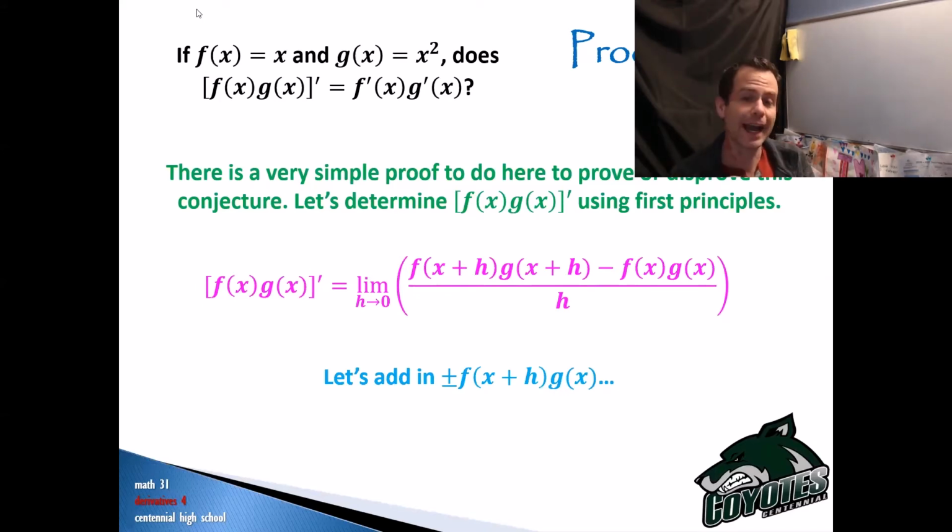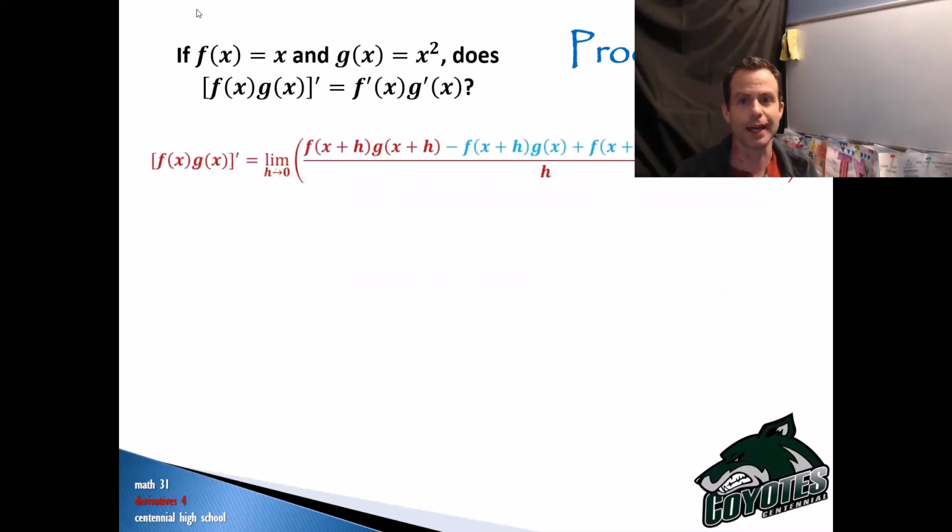Okay, so if I add in an f of x plus h times g of x and I subtract an f of x plus h times g of x at the same time, then we're not altering anything, and that's okay. So I'm going to do that, and I even color coded it with the same blue. All I've done, this is the same thing that was on the previous slide, except I added in a subtraction of f of x plus h times g of x with an addition of f of x plus h times g of x.